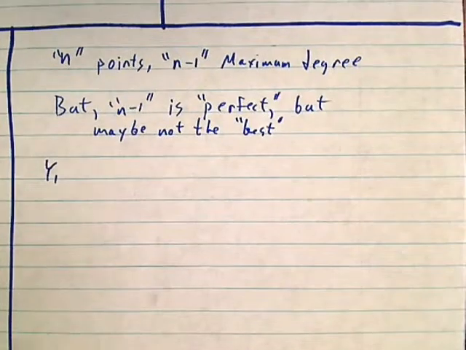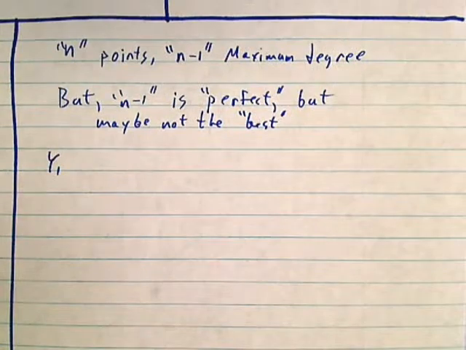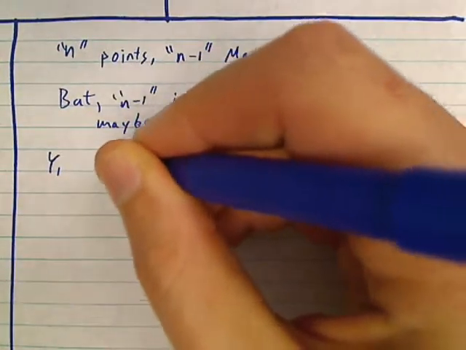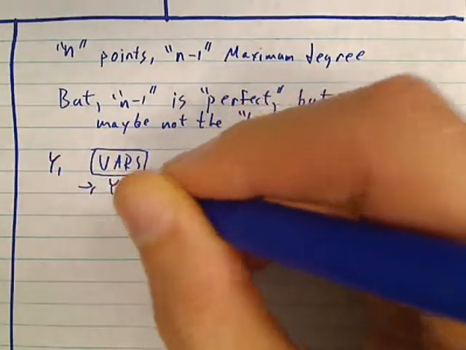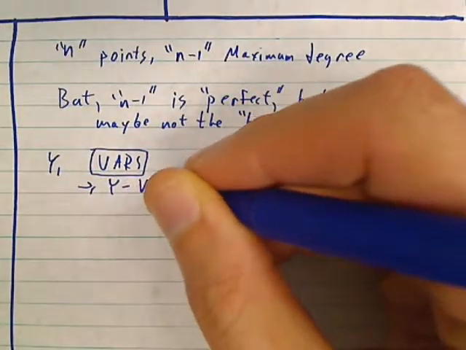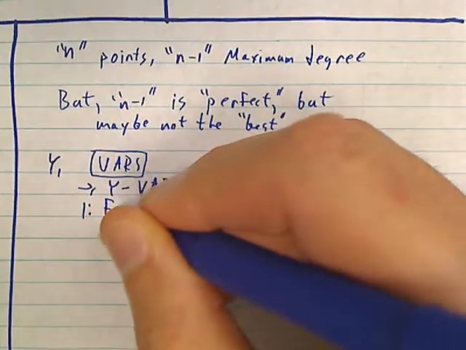The first thing, we have the Y1, which is a very powerful little shortcut that we're going to use to help us use our calculators. To get there, it's vars, then over to Y vars, and then number 1 is function.